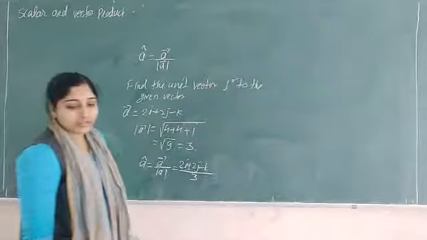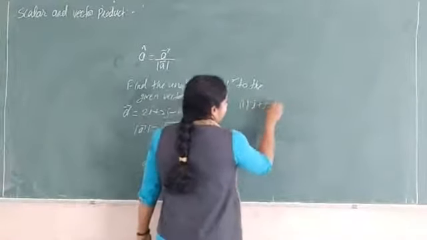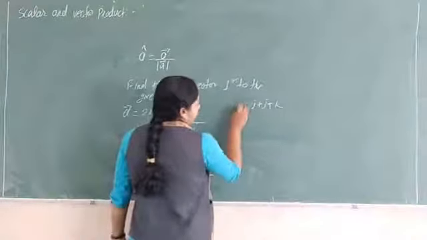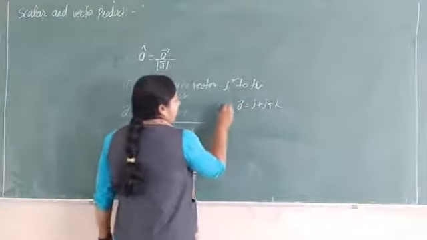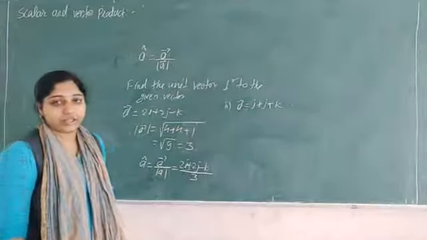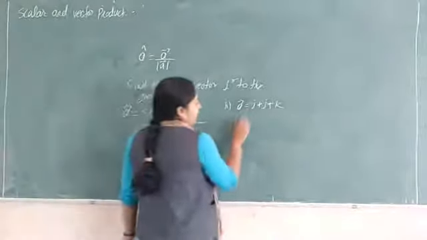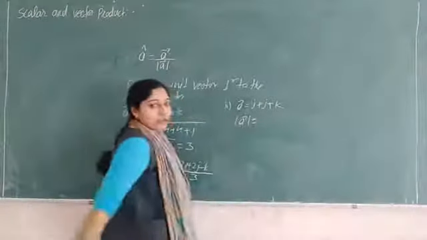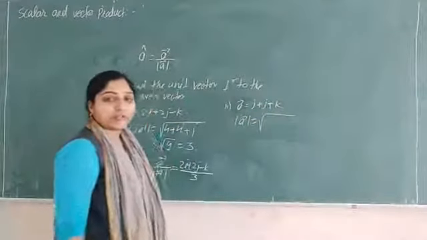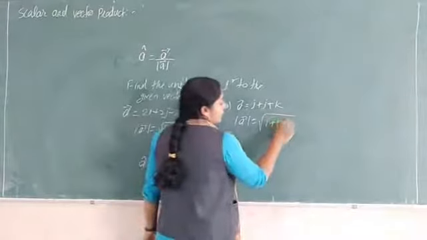Similarly, our next example is i plus j plus k. Now let us denote this as vector A. In every example, first denote the given vector by the notation vector A. Now we want the unit vector, so again we need the modulus of A. Here we simply have i, j, k, so we take 1, 1, 1. 1 square is 1, 1 square is 1, 1 square is 1.